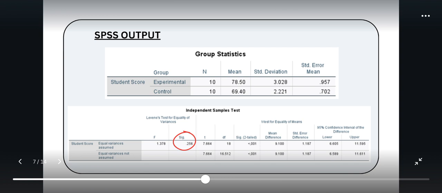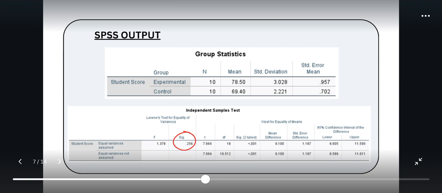So, before interpreting the t-test result, we must examine Levene's test for equality of variances. The purpose of this test is to determine whether the variances of the two groups are equal. The significance value of Levene's test is 0.256.